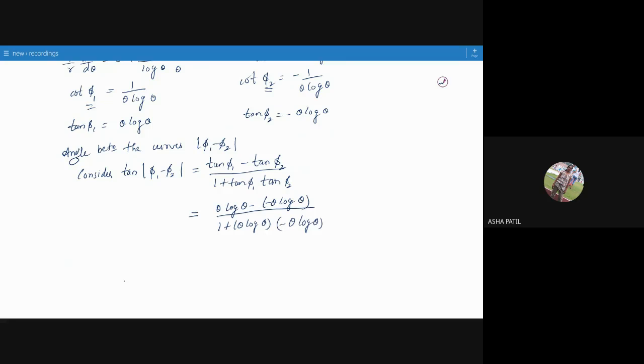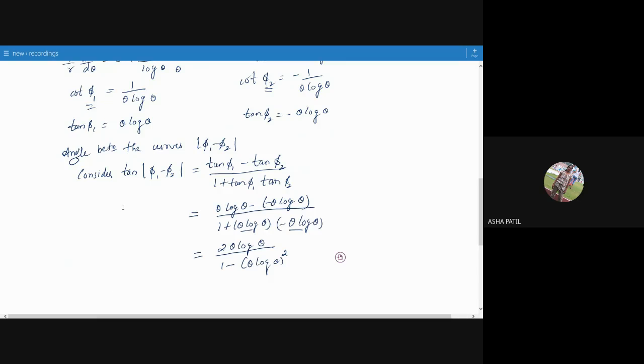So this can be simplified as theta log theta minus of minus, which is plus theta log theta, that is 2 times theta log theta, divided by 1 minus, plus into minus is minus, theta log theta, again theta log theta, so it is theta log theta whole square. Now the angle between the two curves must not be in terms of theta.